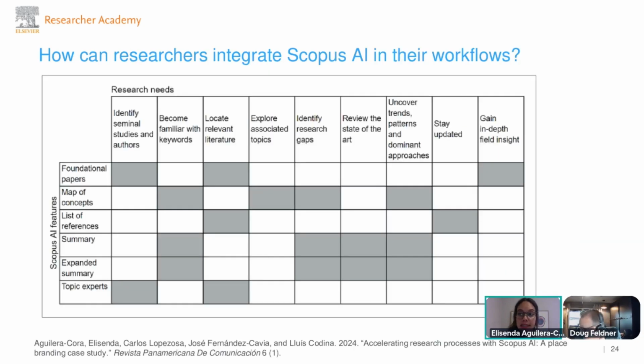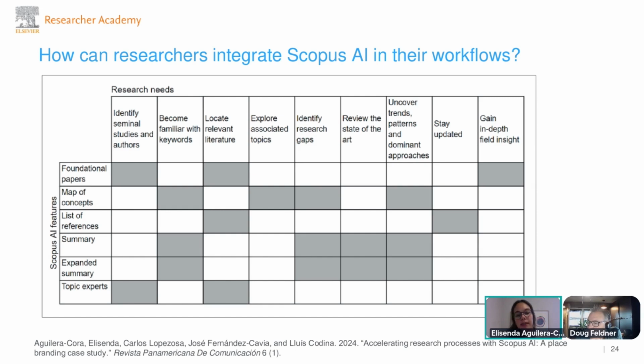Right, reaching the end. How can we integrate Scopus AI in our research workflows? This was one of the conclusions of our research article. We thought, okay, how can we show what we've learned? And we came up with the idea of building this diagram that matches Scopus AI features with the research needs.